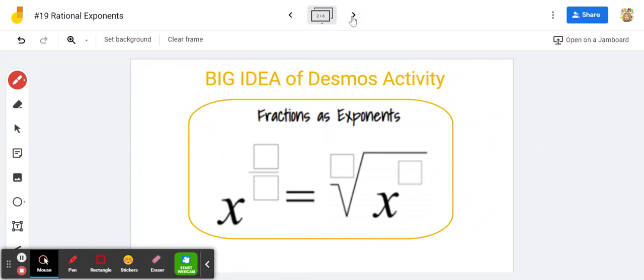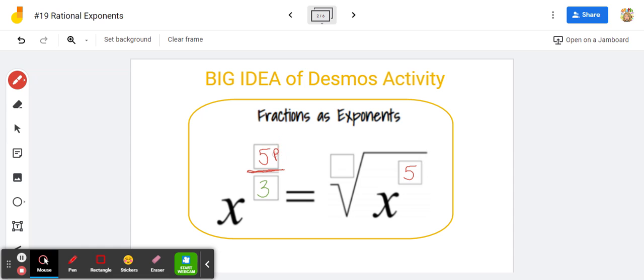All right, so you literally created this new idea that if I have a base x to any power that is written as a fraction, such as x as our base to the power of 5 divided by 3, then we can rewrite that in a different form that would still be equal in value. So what we learned is the top piece of our fraction goes inside with our base.